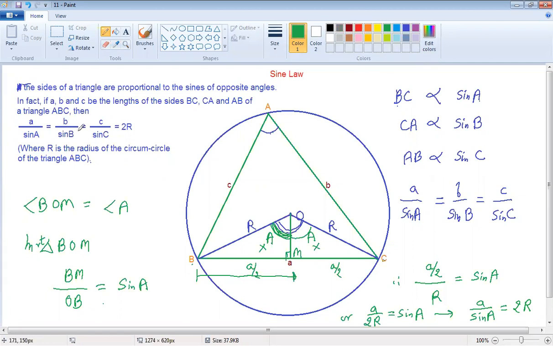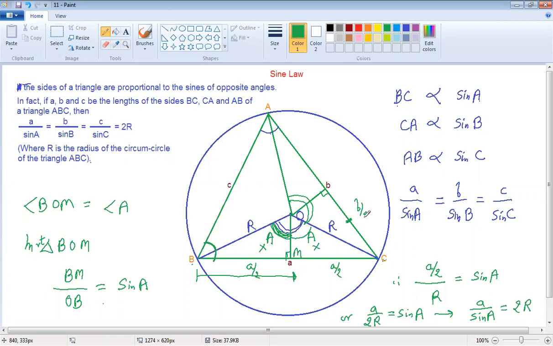Now, in the same way, we can find b upon sine B. If we construct this radius also, this we won't write, but we can understand that this is a similar procedure. This angle is B, therefore this angle is double of that, twice B. Again, if we draw the perpendicular from here on the chord AC, then this part is half of this chord.